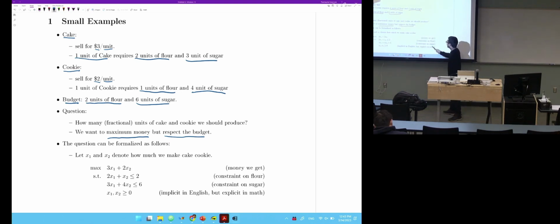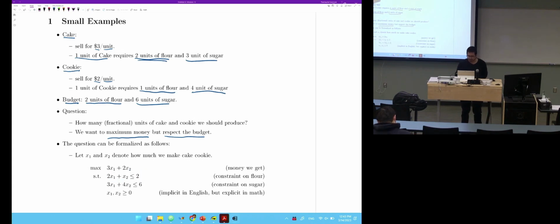But you have a constraint on your resource. You have a total of 2 units of flour, and for each unit of cake, you need to use 2 units of flour, and for each unit of cookie, you need 1 unit of flour. So that's why you can write it as this linear constraint.